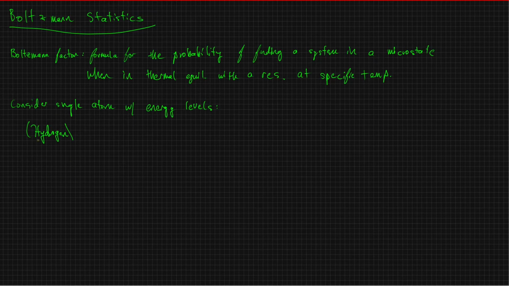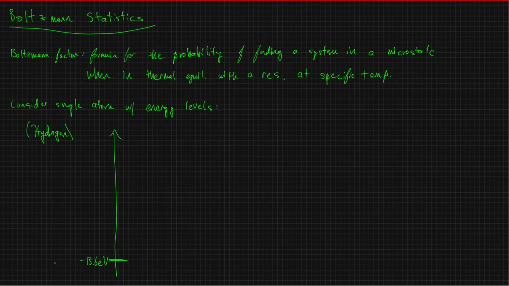So hydrogen, it's got a single electron, which can be moved to different energy states. If we neglect any kind of degeneracy splitting, then it has an energy diagram that looks like this. So down here, you've got the ground state for hydrogen, which is minus 13.6 electron volts.